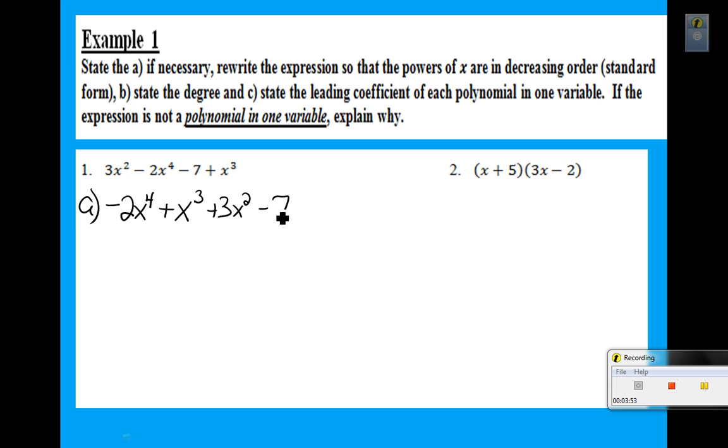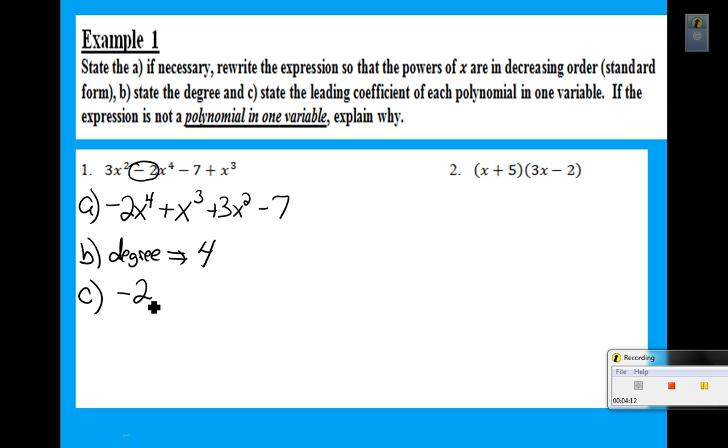All I did is I put it in order. The degree of this thing happens to be a 4. This is a 4th degree polynomial. The leading coefficient is the number in front of the x to the 4th. So in this case, a -2. That's the leading coefficient. That's all there is to it.